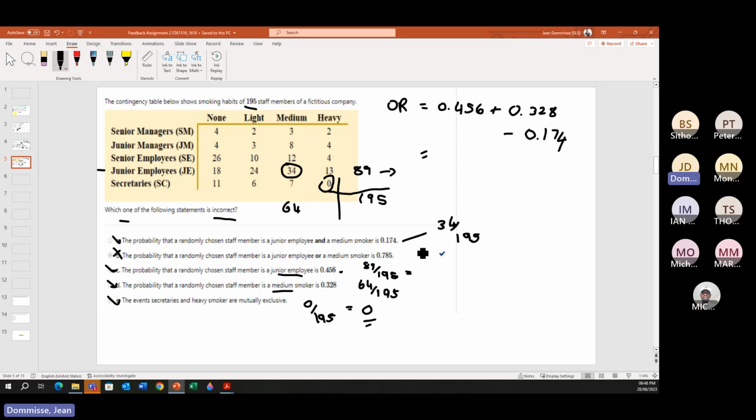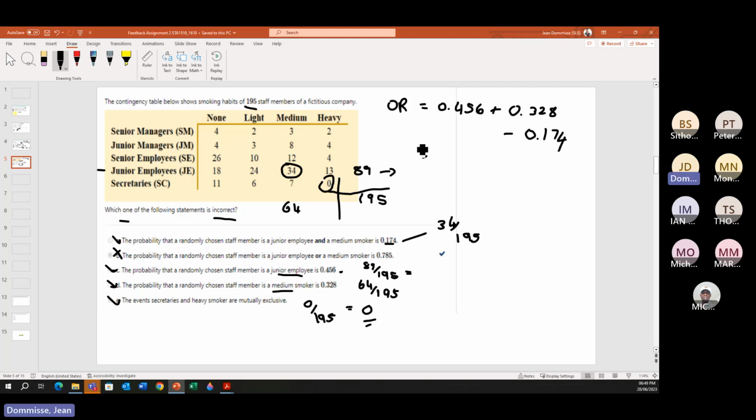Let me just see if I still get to the right answer. Yes, okay. So I spoke wrong, but at least I made the correct calculation on the calculator. So 34 divided by 195 gives us the 0.174.